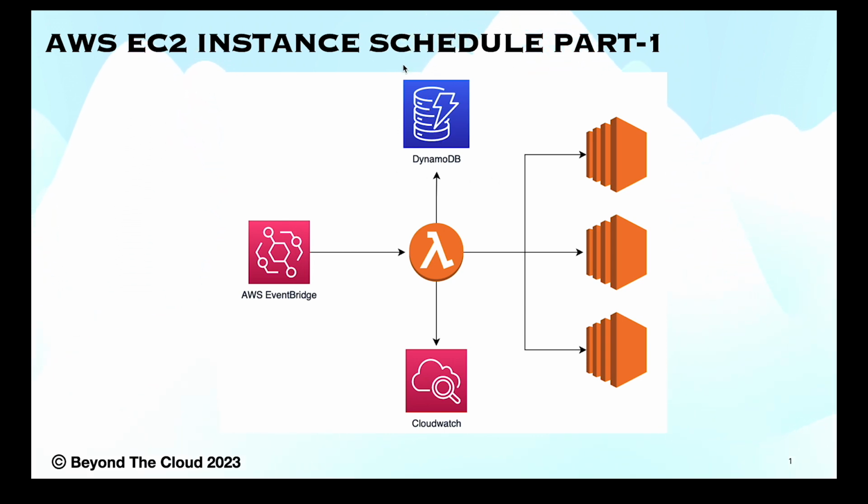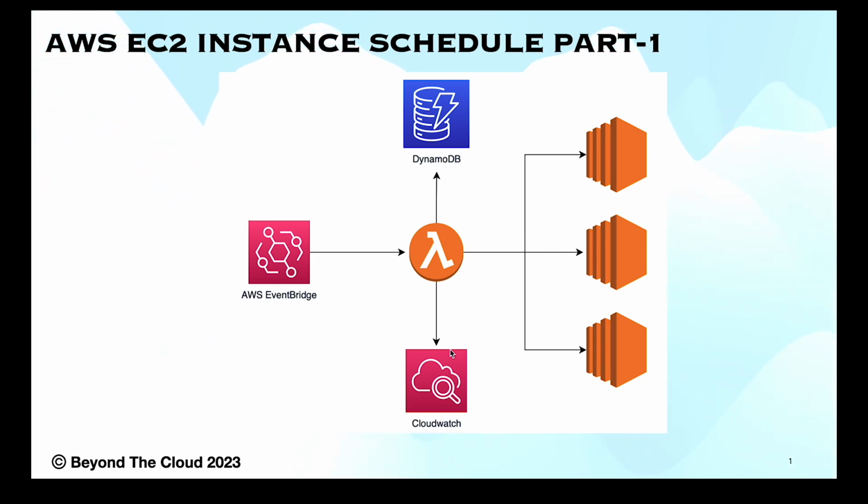So in our DynamoDB table, we will create one entry with the tagging value, and that tagging value we will give to our EC2 instances. Those EC2 instances which have the tag, Lambda will pick up, and according to the time that we have given in the DynamoDB table, it will start or stop the instance.